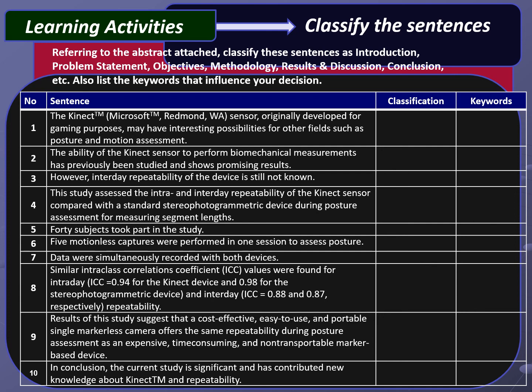How about number 3? However, inter-day repeatability of the device is still not known. So obviously, we have the keyword there. The keyword is however. So this sentence usually refers to the problem statement.